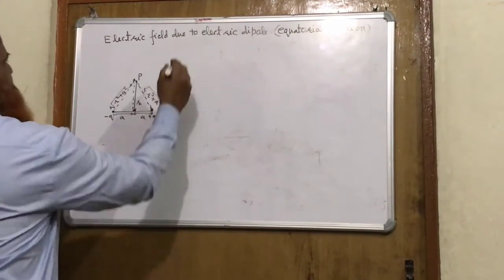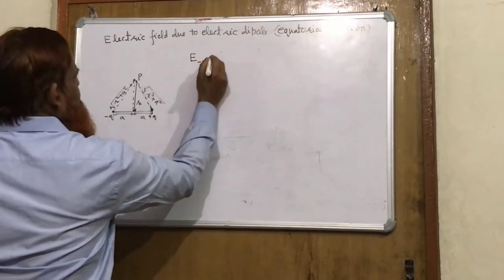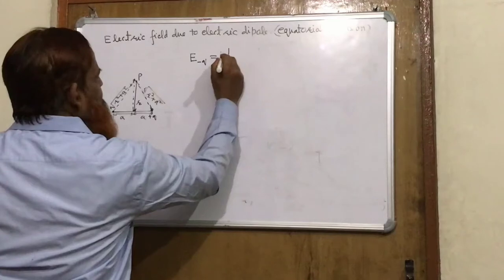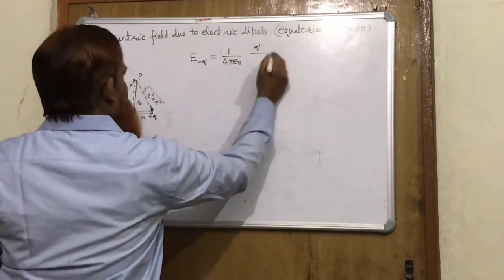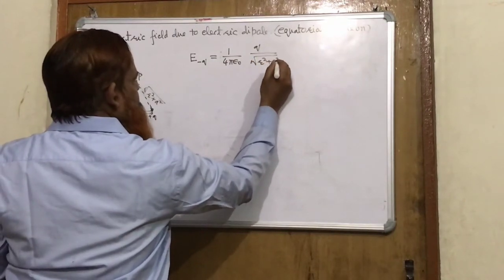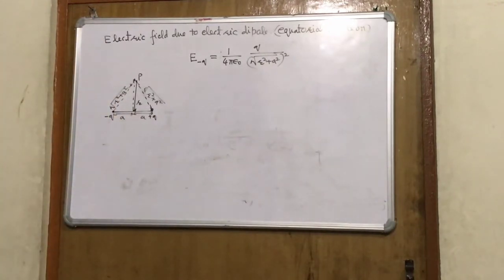So E minus Q, the electric field due to negative charge, will be 1 upon 4 pi epsilon naught Q upon (root of R square plus A square) whole square. So you know the formula of electric field due to point charge, 1 upon 4 pi epsilon naught Q by square of the distance.